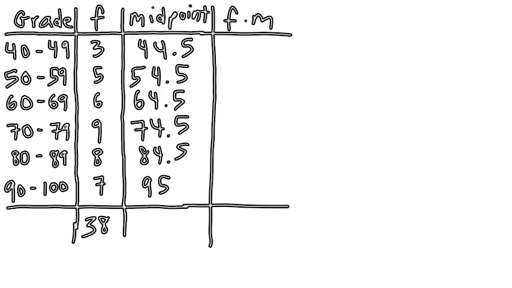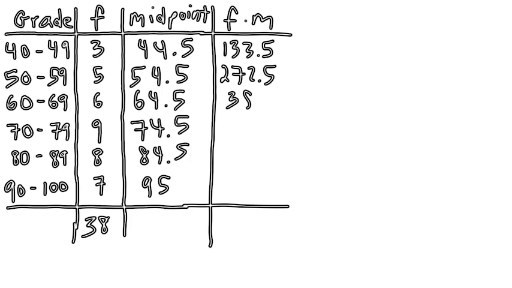So 3 times 44.5, and that's going to be 133.5. And then multiply these two values. So that's 5 times 54.5, which is 272.5. And then 6 times 64.5.